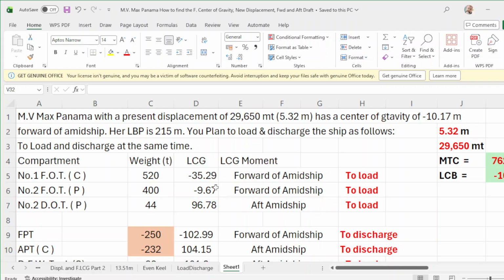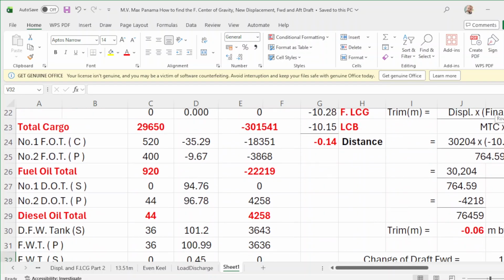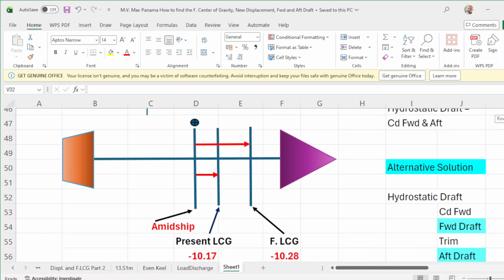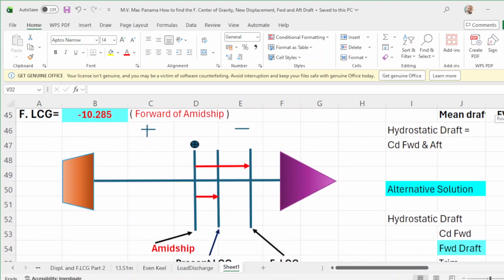Okay, this is the LCG, meaning the LCG is forward of amidship. If negative, that is forward of amidship, and positive, that will be aft of amidship. So I will explain it again. If this is your amidship, and LCG is negative, then it is forward of your amidship.